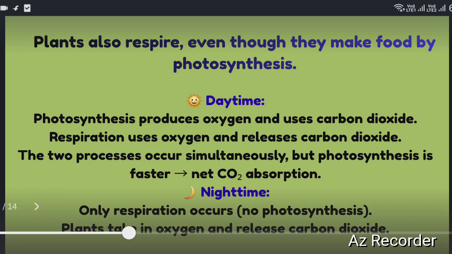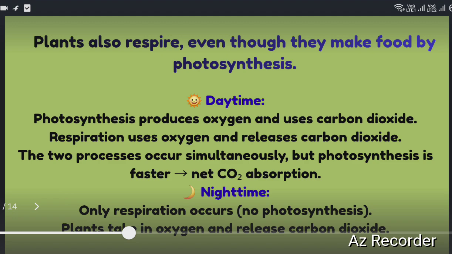During night time, only respiration occurs, no photosynthesis, because for photosynthesis light is required. So during the night plants take in oxygen and release carbon dioxide. Oxygen enters through the stomata of leaves and the lenticels in the case of stems, and CO2 diffuses out the same way.